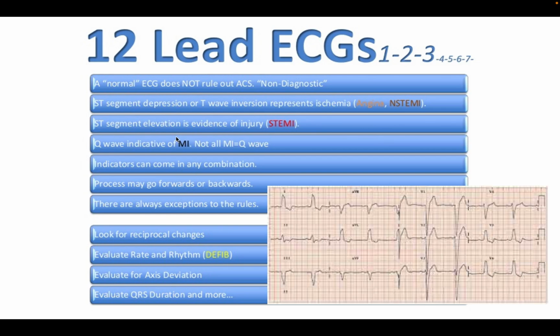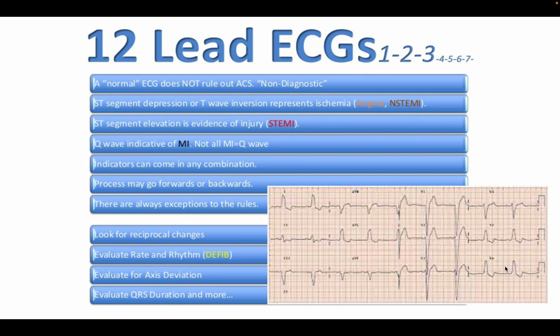Q wave in the ECG is indicative of an MI, and not all MIs would have Q waves. So it is always important to look for reciprocal changes and evaluate for axis deviation.